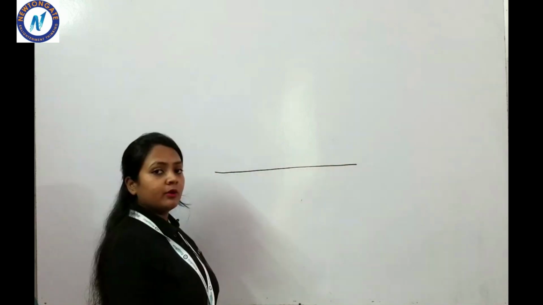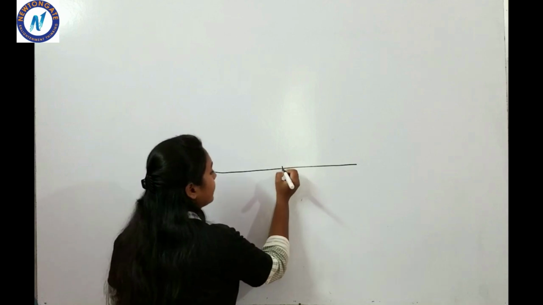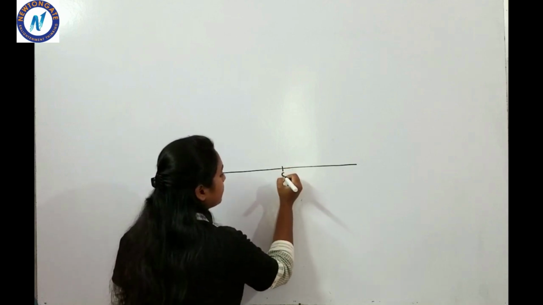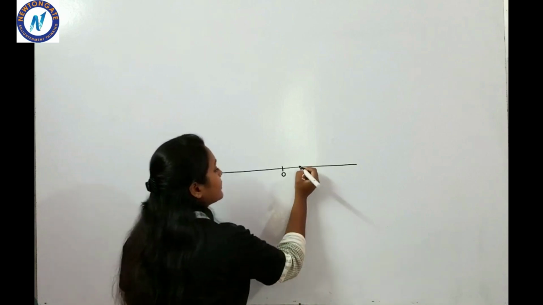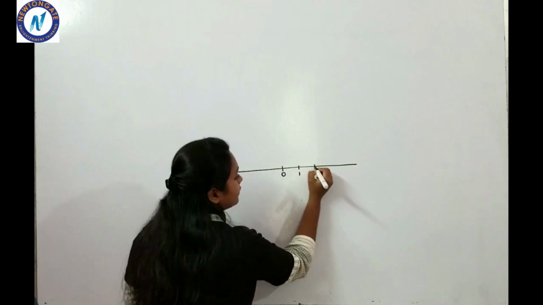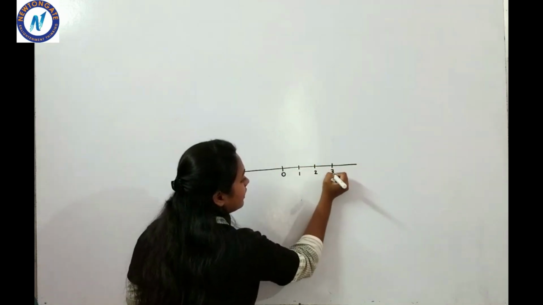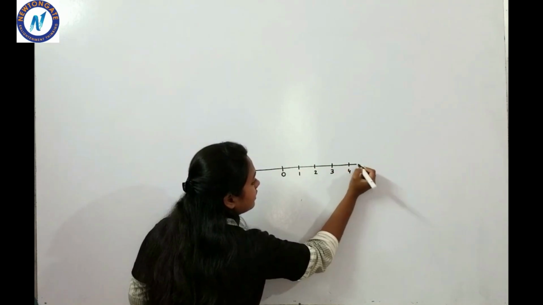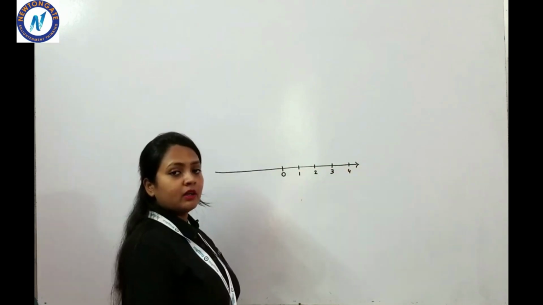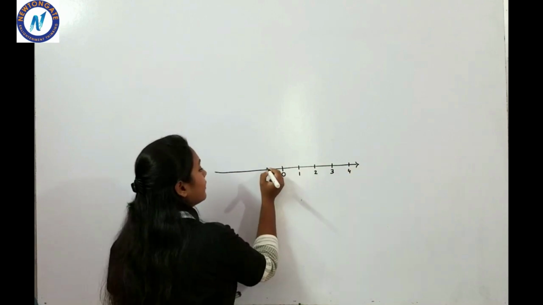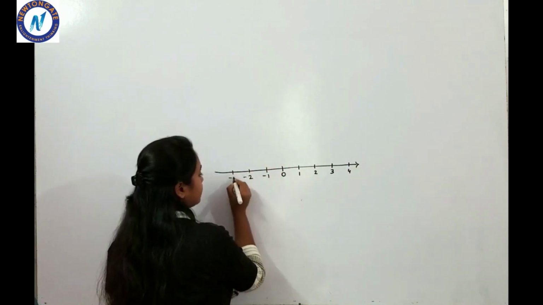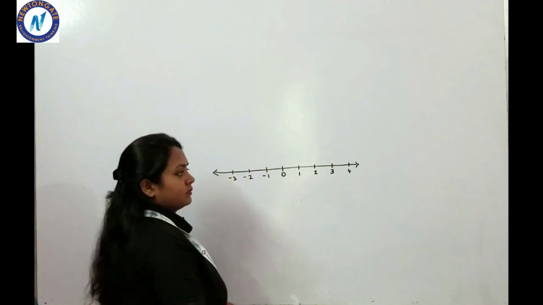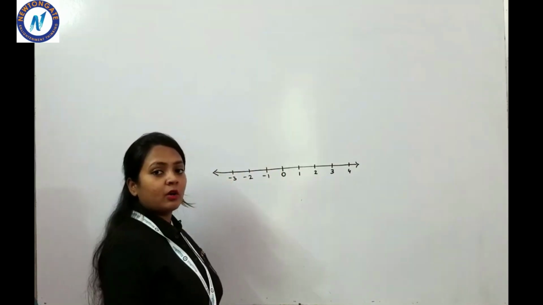Now we will mark 0 on the number line and then mark the positive numbers on the right-hand side of 0: 1, 2, 3 and so on. We will mark negative numbers on the left side of 0, like that and so on. The point 0 is known as the origin.